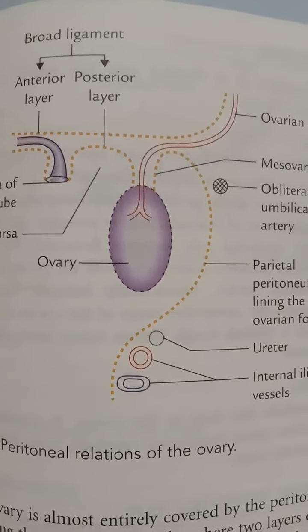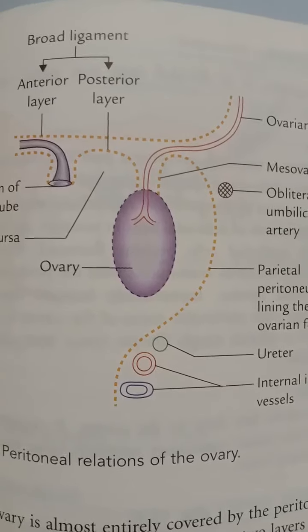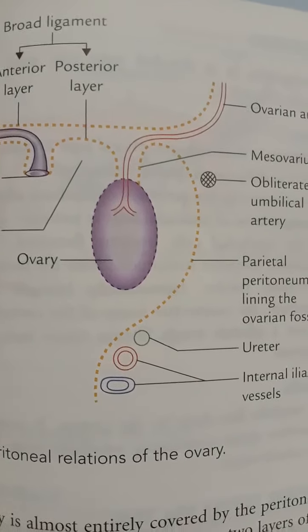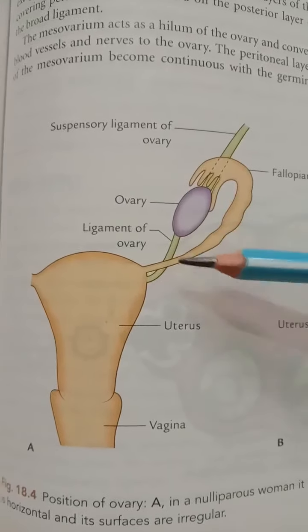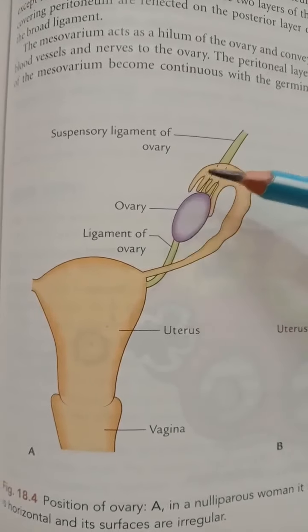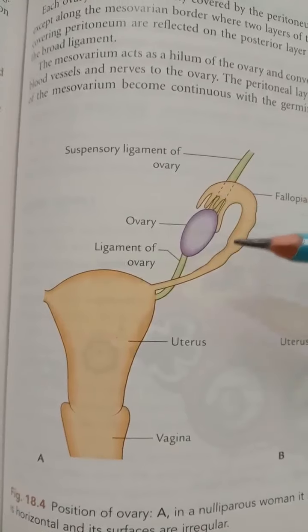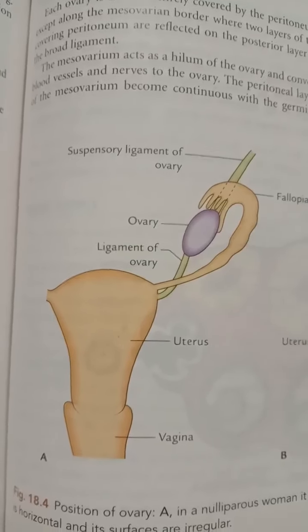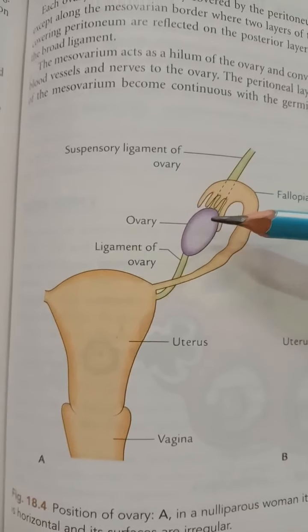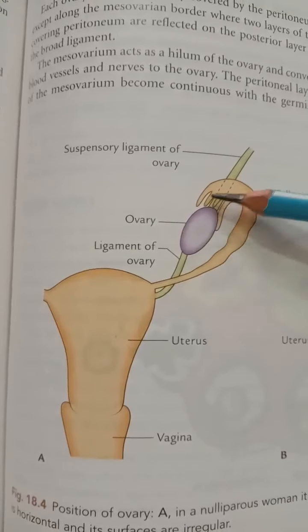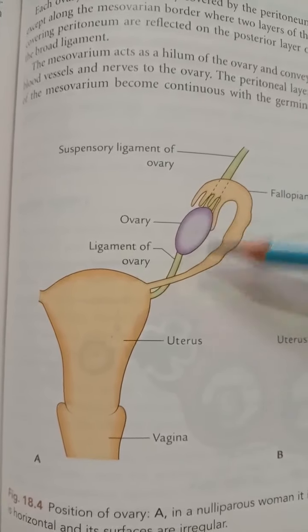Then let's see the external features and the relations of the ovary. Before the onset of ovulation, the surface of the ovary is smooth, but after puberty it becomes nodular and irregular, as each month the ovum is discharged from the surface of the ovary.